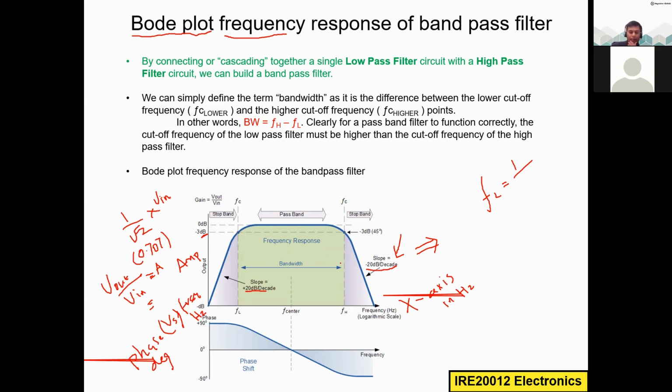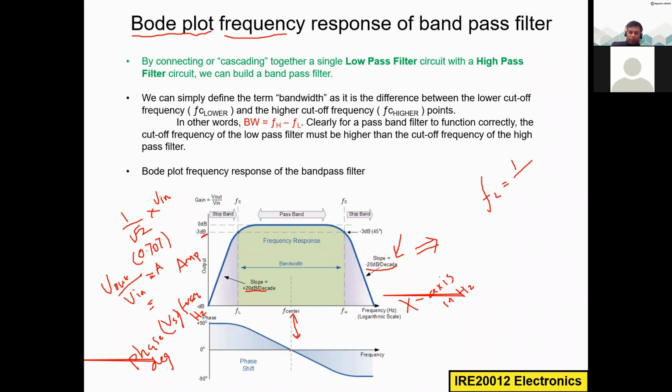Okay, so here you can see FL and FH. We have two cutoff frequencies in this band pass filter. In the middle, we have the center of the frequency, so this is called the F center. At this point, you can see the output signal phase is changing. It falls down slowly, and then it meets 0 at this center frequency.